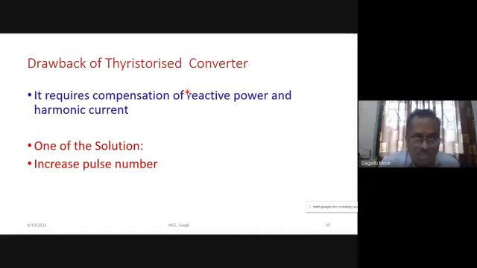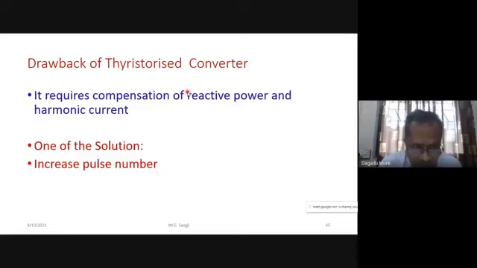So efficiency depends upon power factor, because losses will not depend upon the active power. Losses will depend upon the total current. And as power factor is lower, current will be more, but active power will be less. So every equipment we want to operate at unity power factor, so that it gives maximum active power with minimum current, and losses will be less.